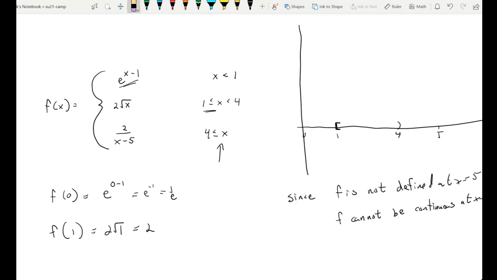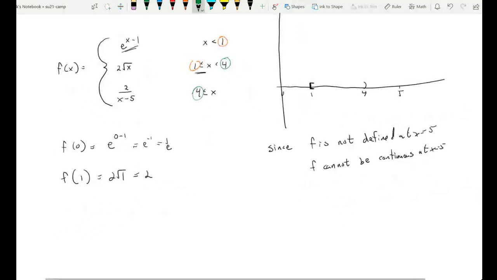So automatically, the other places we look for discontinuities are exactly at the transition points from one interval to the other. So we have to consider what happens at x equals 1. Is our function continuous at x equals 1? And then, is our function continuous at x equals 4? Those are two possible places where our function is discontinuous.